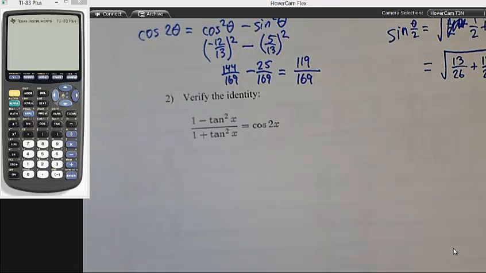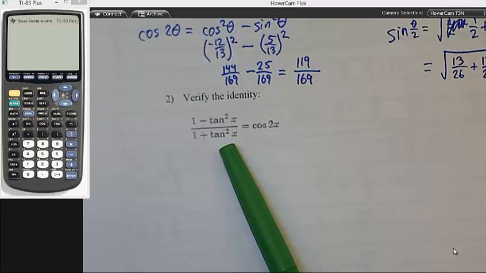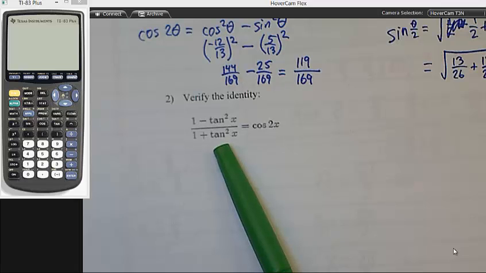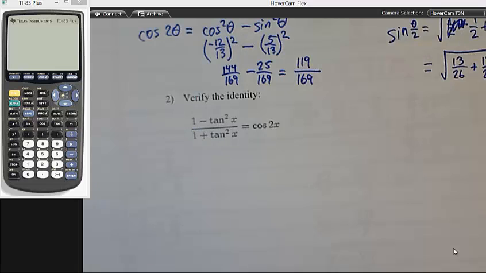Okay? There's a lot of ways you could do this. Some people tried to use the fact that 1 plus tangent squared equals secant squared. And you can get away with that and actually do this pretty nicely. The problem was that some people thought 1 minus tangent squared was secant squared, and then that screwed up. Okay?